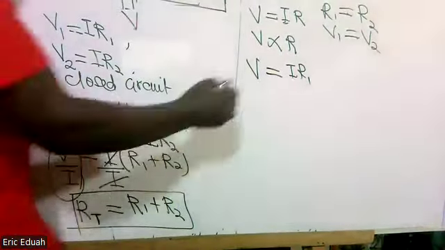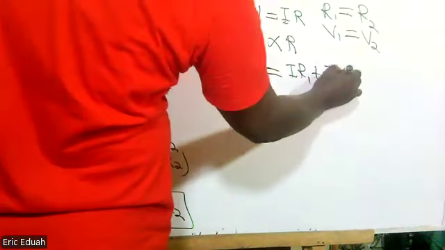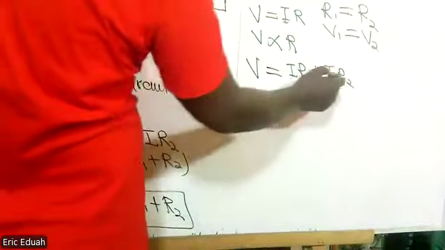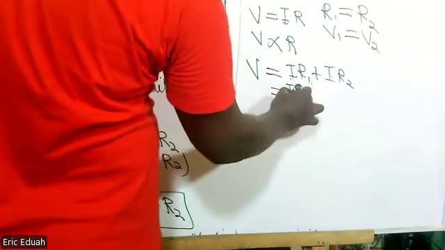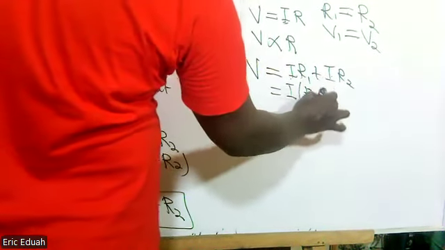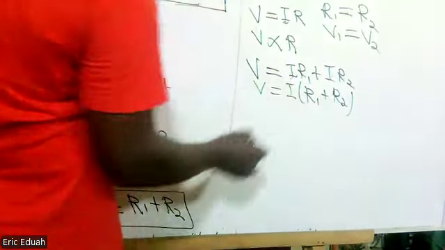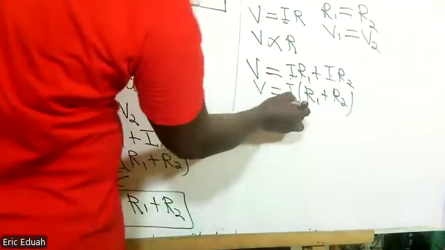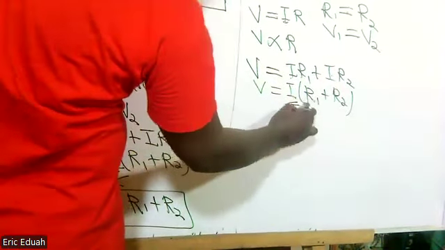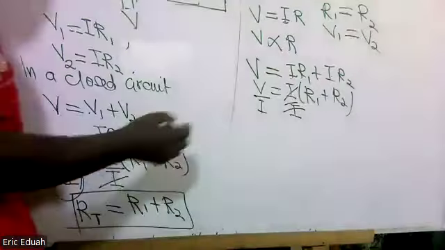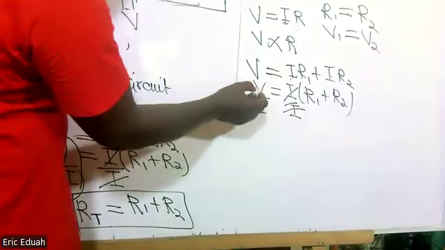Then V2 we had I times R2. So when we factorize out the common term, which is I, we have R1 plus R2. Then we divide through by I. Then you ask, what is this ratio?